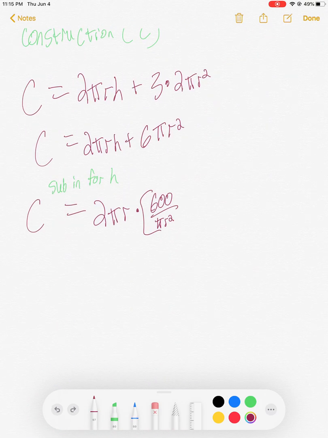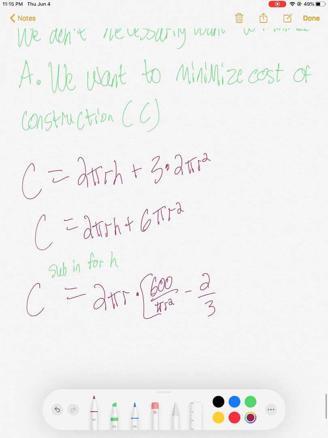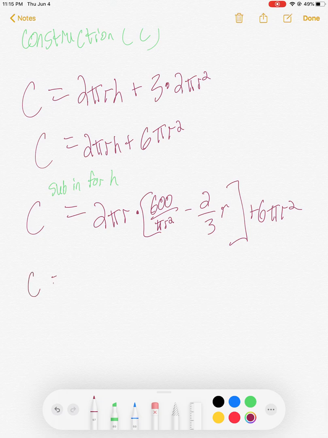We solved for h earlier. So this is 2 pi r times 6,000 over pi r squared minus 2/3 r, plus 6 pi r squared.